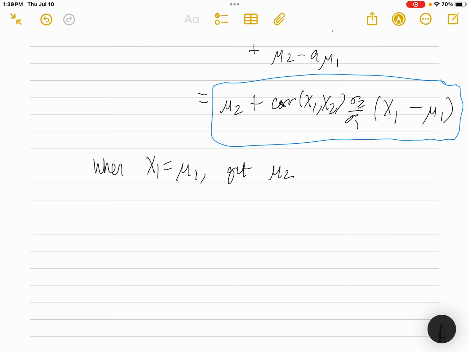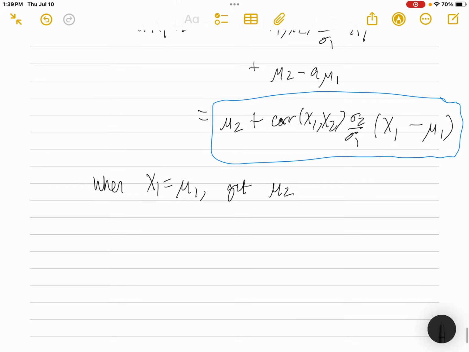So it goes through the means, and the slope is correlation of x1 and x2 times sigma 2 over sigma 1. That's the best linear predictor of the random variable x2.